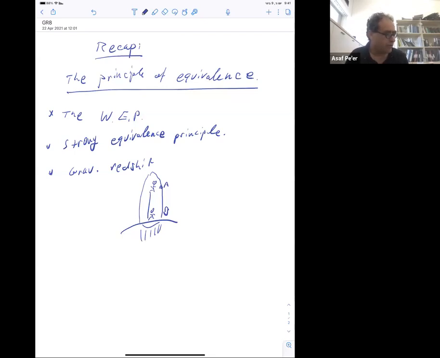And then we moved on to the mathematical description of curved space-time.